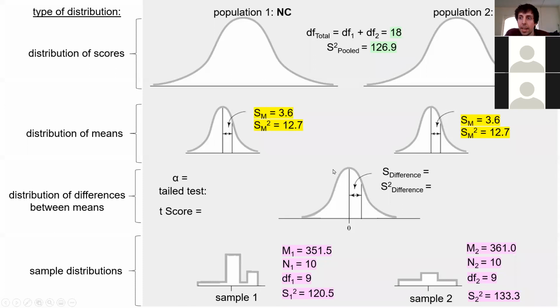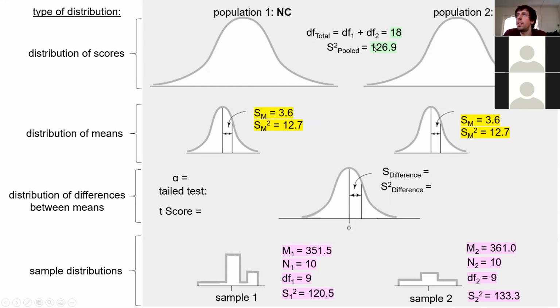So now I've just plugged everything into the problem. We've learned the total degrees of freedom for the problem. We calculated the pooled estimate of the population variance, which is to say our assumption about what the variance of both of the distributions is. Each of them is expected to have 126.9 as the variance.